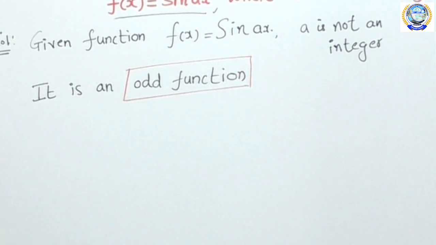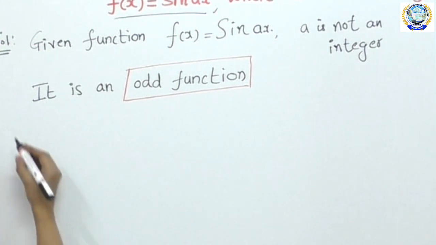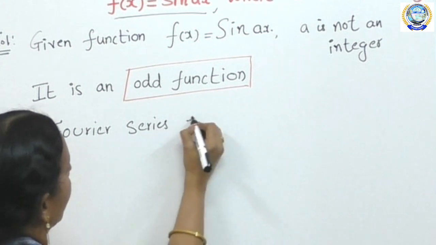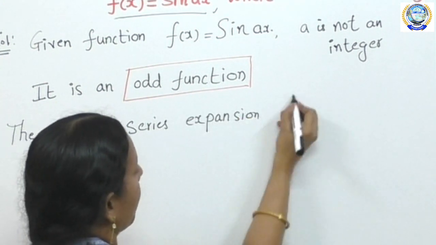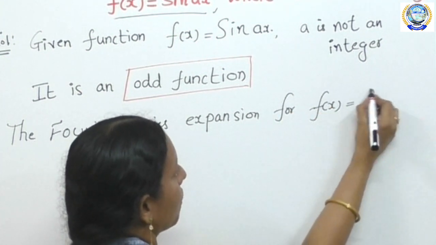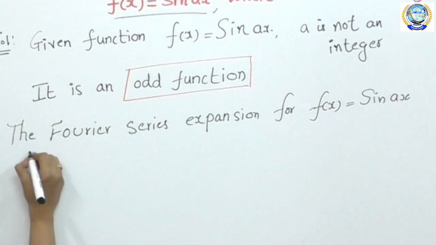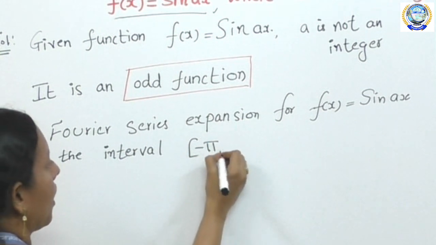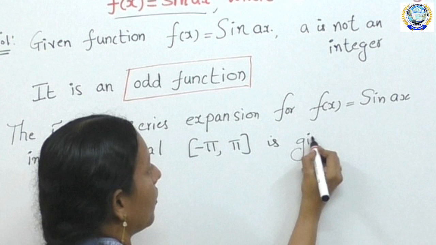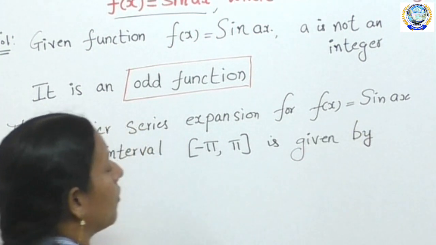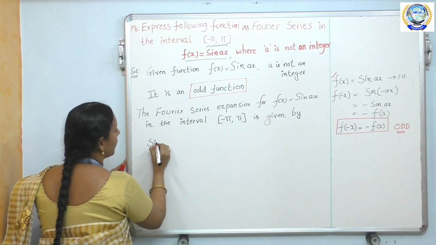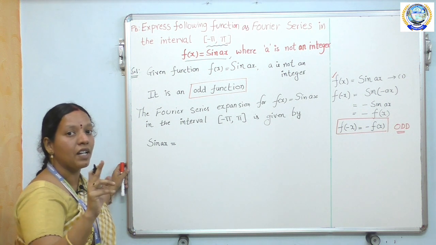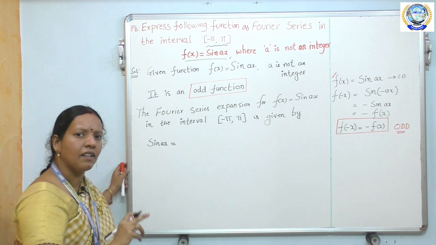If it is an odd function, then the Fourier series expansion for f of x equals sin ax in the interval minus pi comma plus pi is given by: since it is an odd function, in the Fourier series expansion the cosine terms will vanish, nothing but a not equal to 0 and an equal to 0.